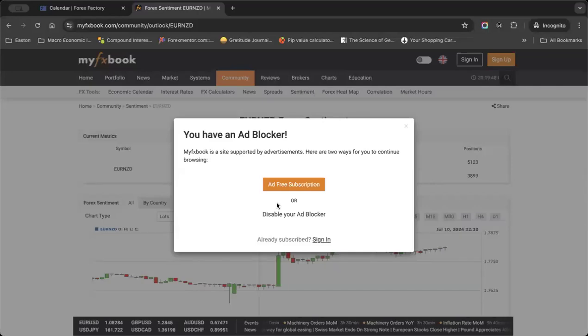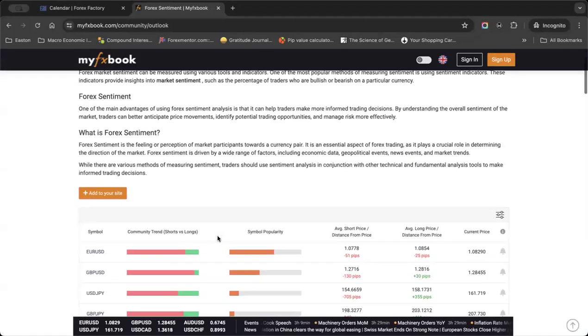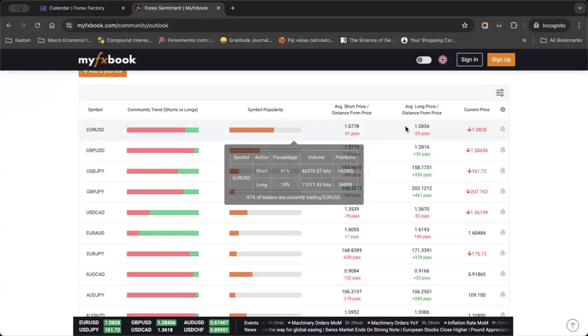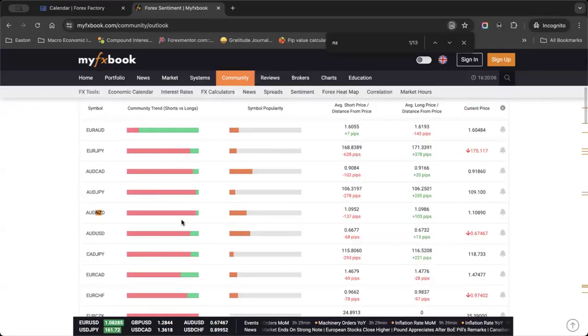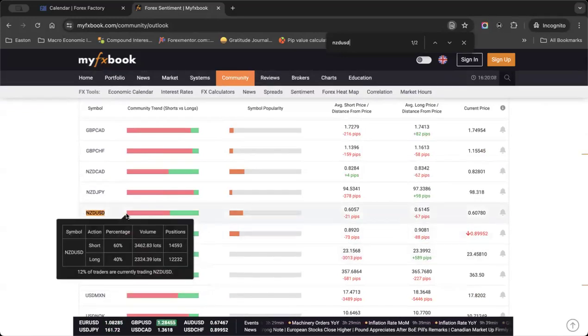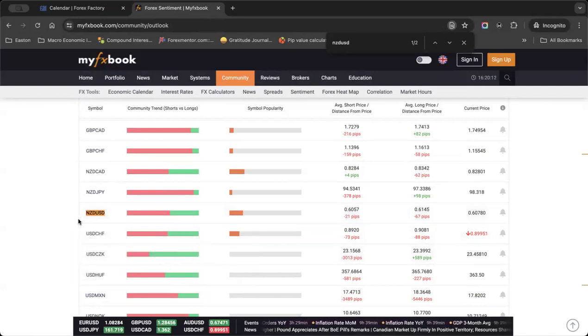Are you able to see my screen? Yes, I see it. So 54% are short. Okay, that's still fine. So it's like 50-50. Let's see New Zealand dollar. That's where we can actually see some actual numbers. Okay, 40% are long on New Zealand dollar.